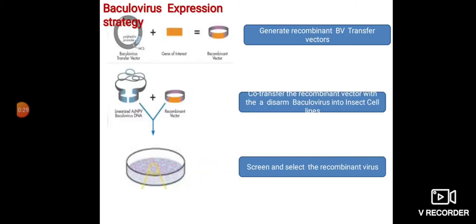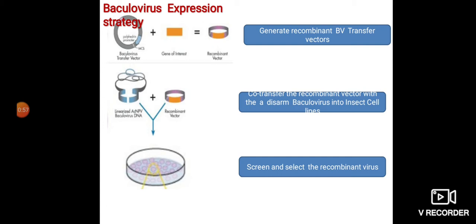The baculoviral expression system is used in case of insect and mammalian cell lines. First people produce the recombinant baculoviral vector, then they co-transfect the recombinant vector with the disarmed viral vector, because these viral vectors carry all the genes for infection, whereas the recombinant DNA vector will not carry the genes for infection.